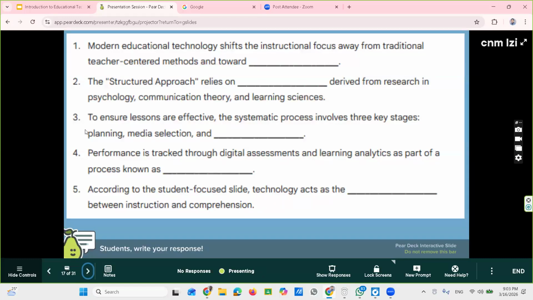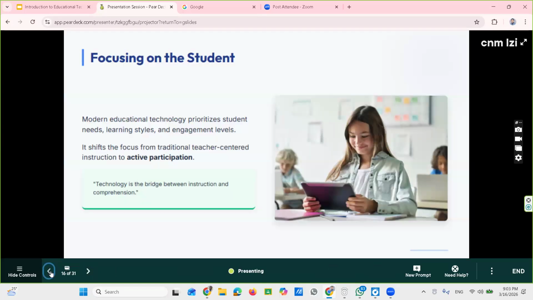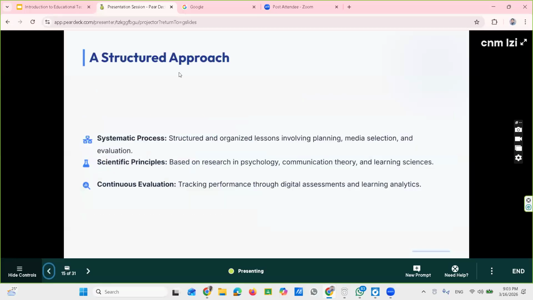Then activity, fill in the blank time. I think you remember the things we discussed on the nature. Two points we pointed out: structured approach. Under structured approach, you want to get the meaning: systematic process, scientific principles, and continuous evaluation.